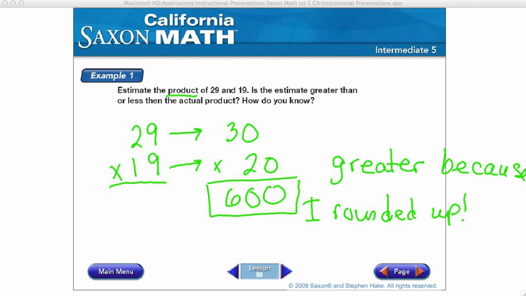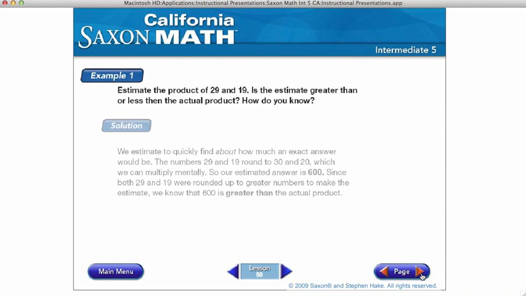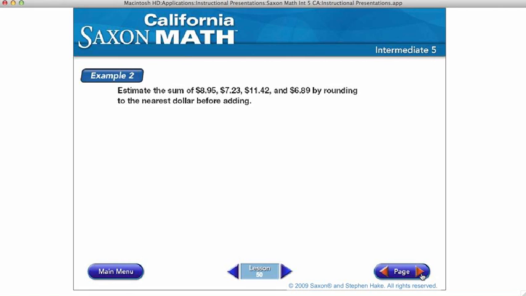Okay, let's look at example 2. Estimate the sum of $8.95, $7.23, $11.42, and $6.89 by rounding to the nearest dollar.